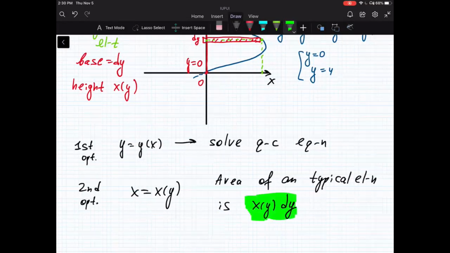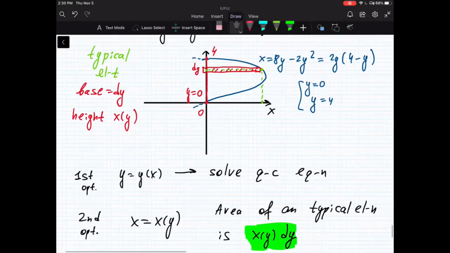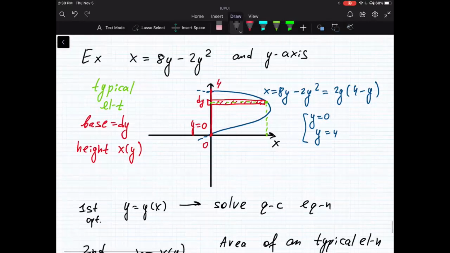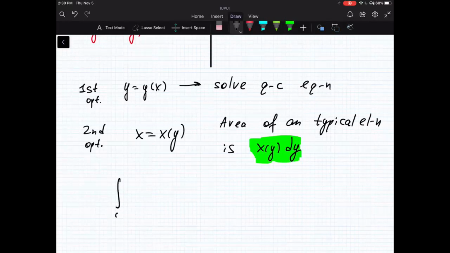Now we in some sense switched x and y and got that it is x of y times dy. And then again, I need to sum up all these areas. But now my limits are y limits, because now the y variable is running. And so my limits for y are exactly these 2 points, 0 and 4. So I'm summing up these rectangles from 0 to 4.